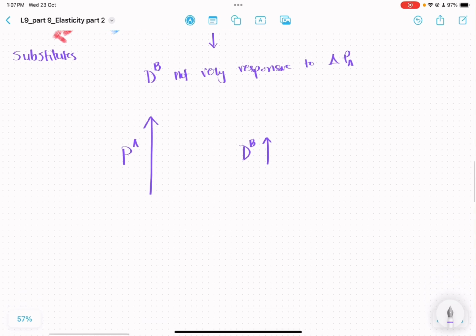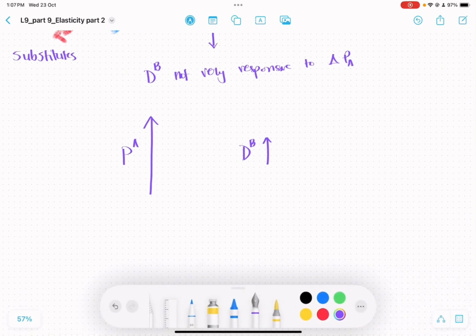Now, as we discussed earlier, what is happening behind the scenes is, of course, the quantity demanded for good A is going down. So the fact that consumers are buying more of good B because they're switching away from good A tells us that we are dealing with substitutes, right? But because the response in the demand for good B is much less than the change in price of good A, we would say that they are weak substitutes.